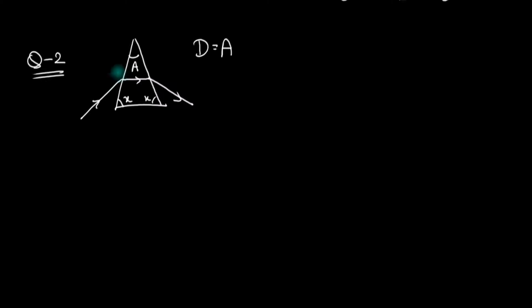So how do you do that calculation? Well, remember that at minimum deviation, I1, that is the angle of incidence over here, is exactly equal to the angle of emergence over there, the angle of emergence, and that is equal to some value I.